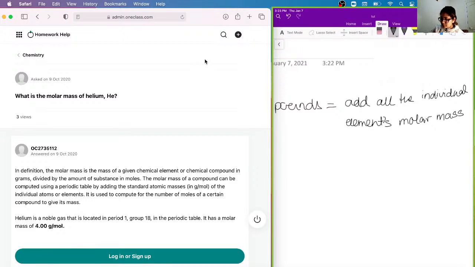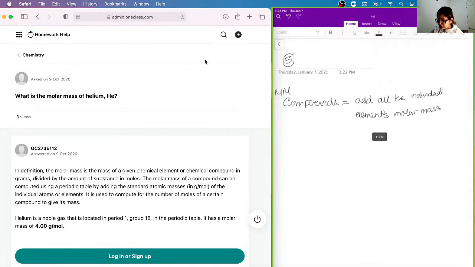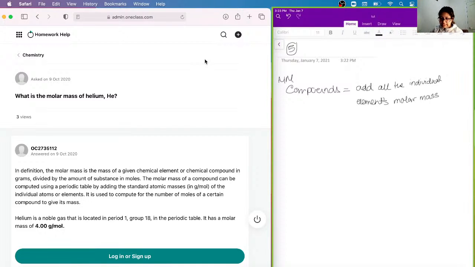Okay, and then that will be your answer for that one compound. However, if we're dealing with just one element, and it says to find the molar mass of one element, it's actually given in your periodic table.